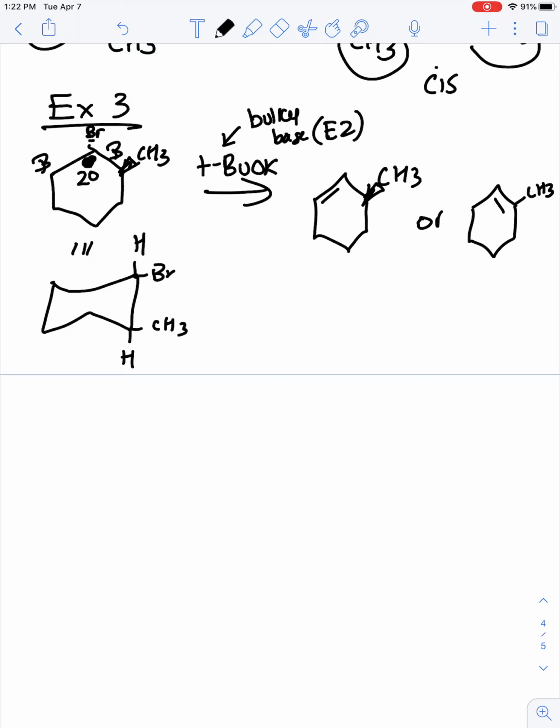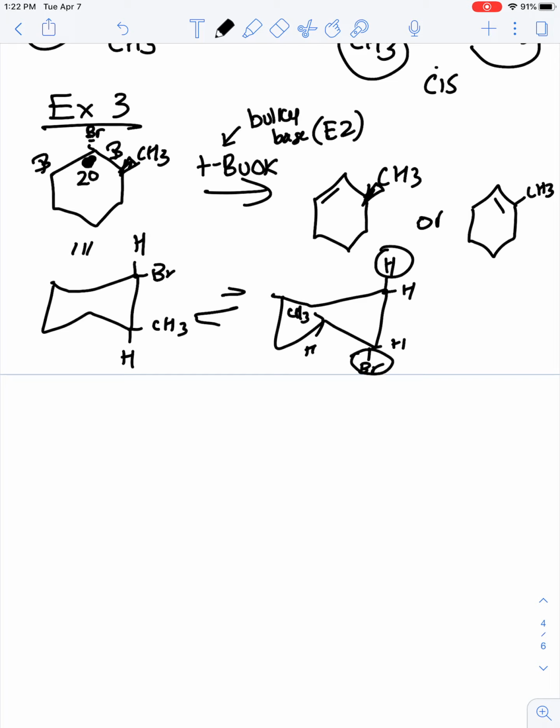What's going to actually happen is the molecule is going to flip to the less stable chair form. When that happens, our hydrogen and our bromine are going to be in the axial position, which has to happen in order for them to be anti-periplanar to each other.